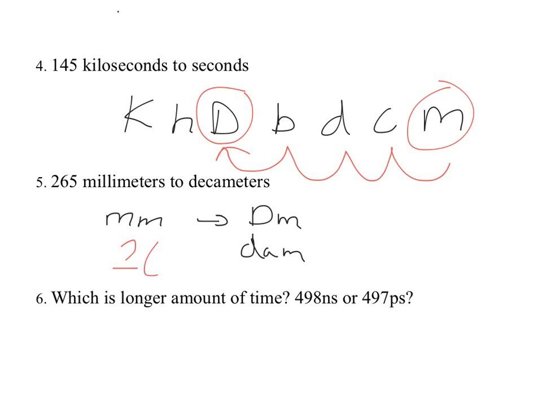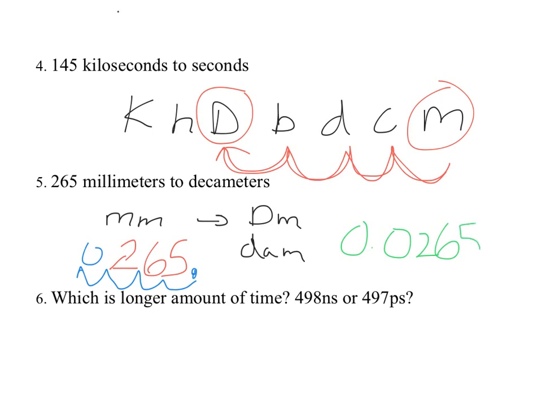So if you have 265 millimeters, and again you're going 1, 2, 3, 4 places to the left, we're going to start with our decimal in front of the number and go 1, 2, 3, 4 places to the left. So that means if we can put our final number in, it'd be 0.0265, and the units would be decameters. Simple as that.